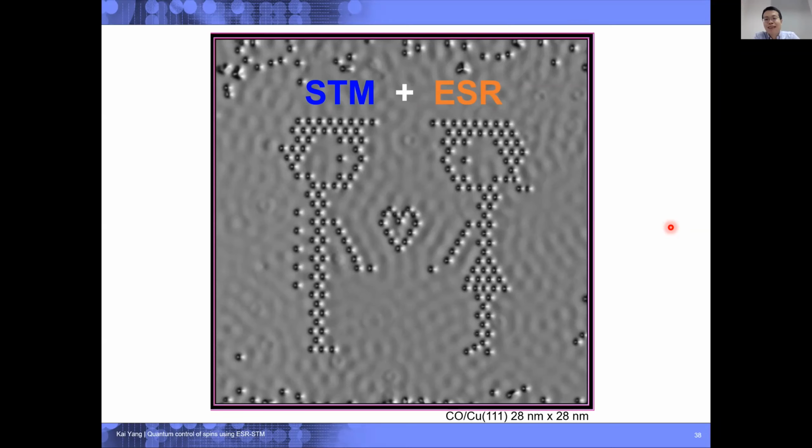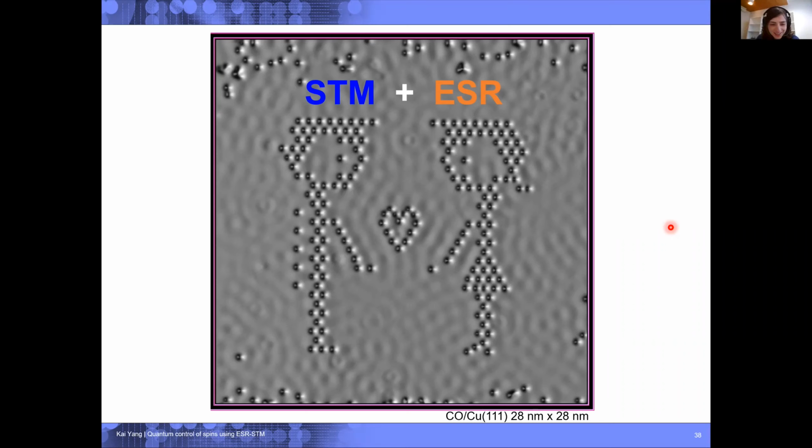We have also tried cobalt and also nickel, and we cannot see the ESR signals. Maybe we didn't try too much, but you can try further. As long as you have delta M equals 1 transitions for the ground state, of course you can drive the ESR.